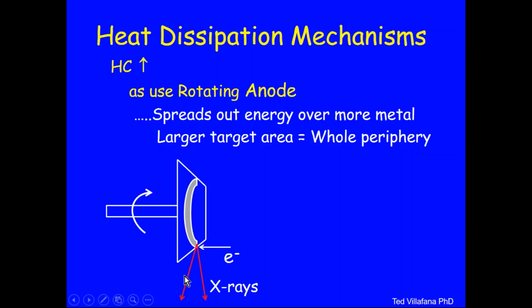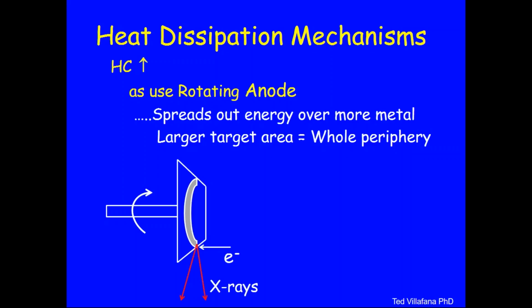The size of the electron stream is still small or large, depending on which size you chose, but it's still relatively small. So isn't this neat? Your focal spot size stays constant, but the metal over which the electrons deposit their energy keeps changing, so that you greatly expand your heat capacity of the system.